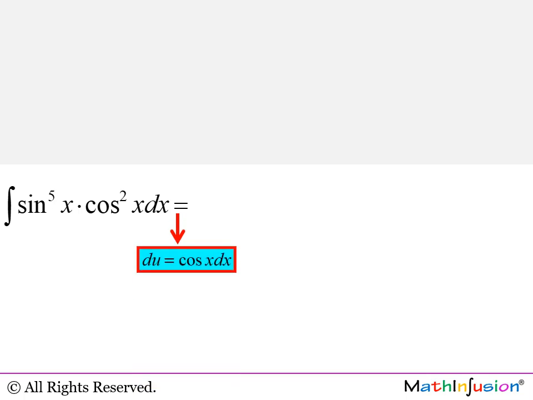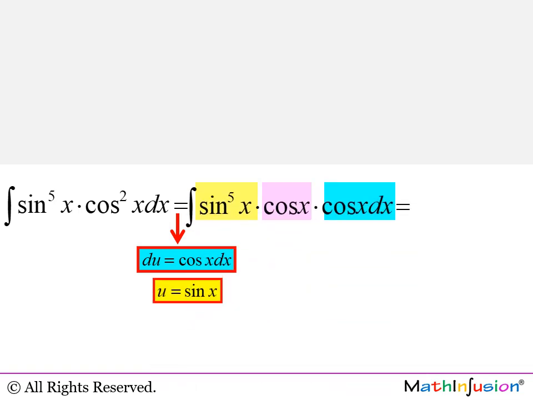Let's say that I made a mistake and I decided to take du equals cosine x dx. So u is sine x. Now let's see what the problem is. I don't have any problem with the yellow part because this is just going to be u to the power of 5, and cosine x dx is just the du. But what about cosine squared x?